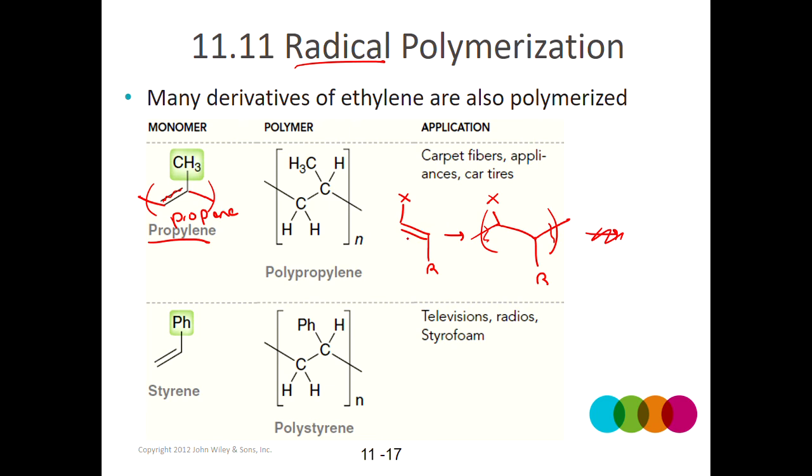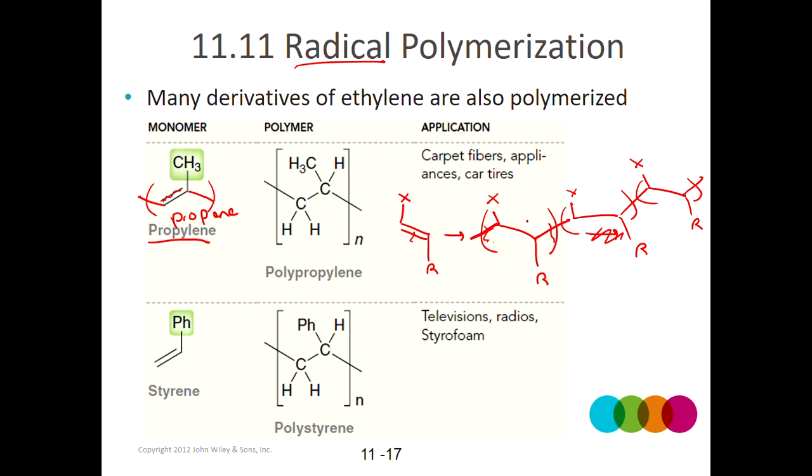So the pi bond is in the monomer. The pi bond breaks and gets replaced with sigma bonds on either side to the next unit of the polymer, right? So I'd have another unit of the polymer here, and that unit would be connected to the next unit of the polymer, etc. So I don't need parentheses for every unit.